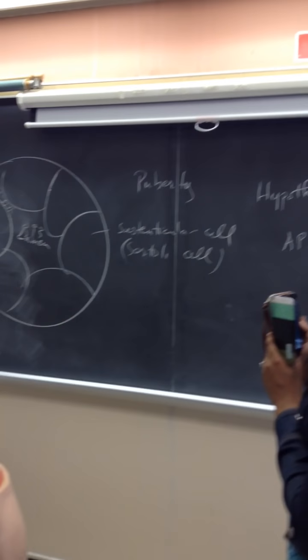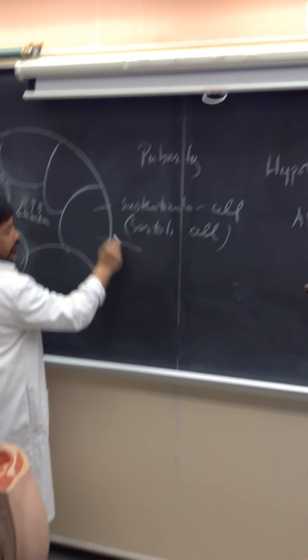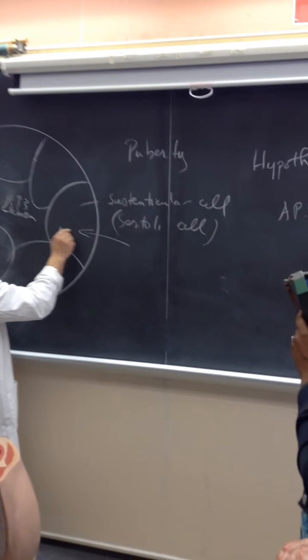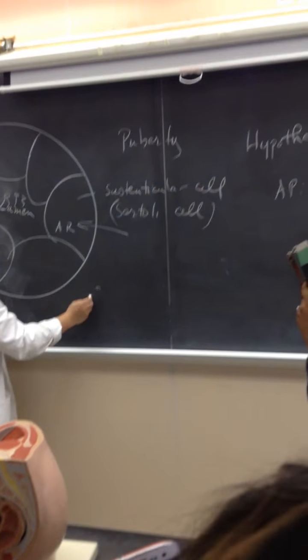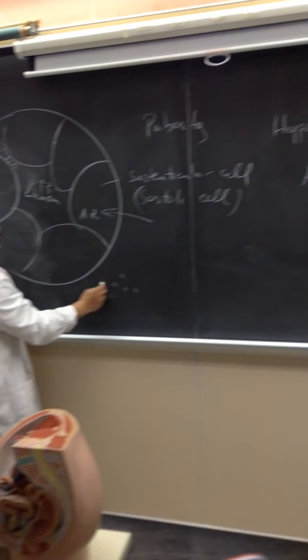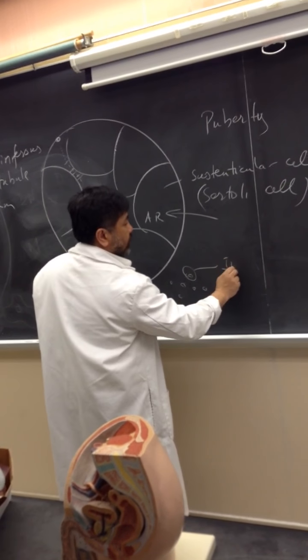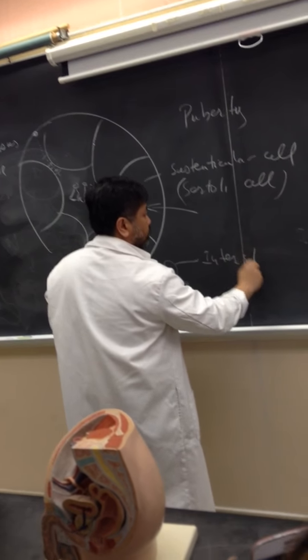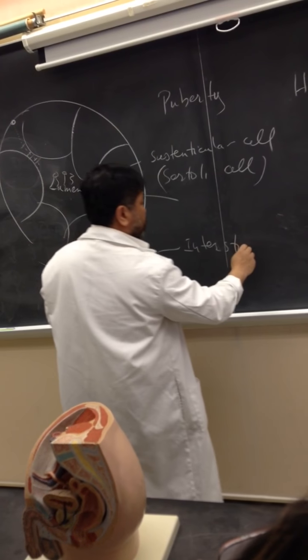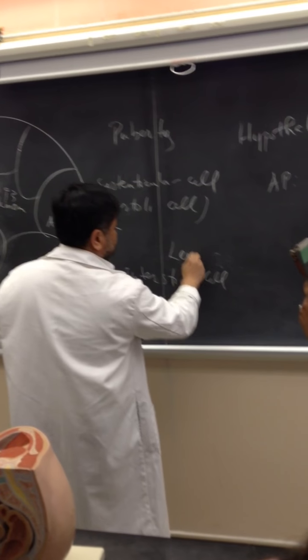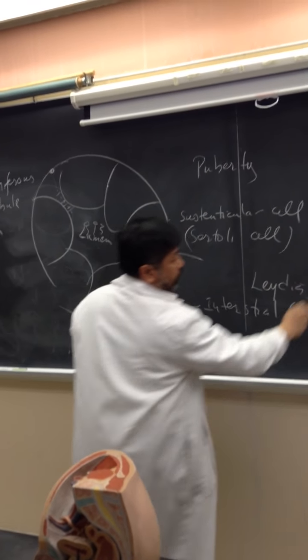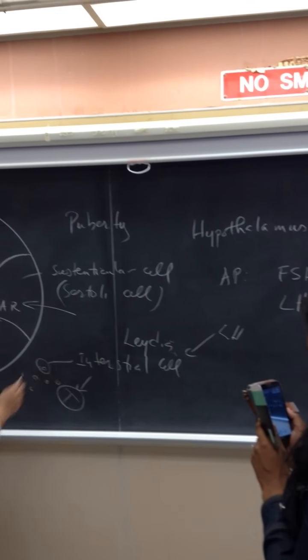So here's the thing. FSH stimulates these cells to produce the androgen receptor. AR is androgen receptor. Sitting outside of the seminiferous tubule, these cells right here are known as the interstitial cells, also known as Leydig cells. Now, LH stimulates these cells to produce the androgen, which here is testosterone.